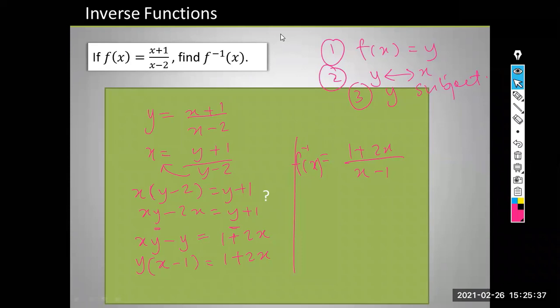Yes, Eldon? What if I put it as y? The final answer must be in terms of x. So the y that you get here must be changed to be in terms of x.